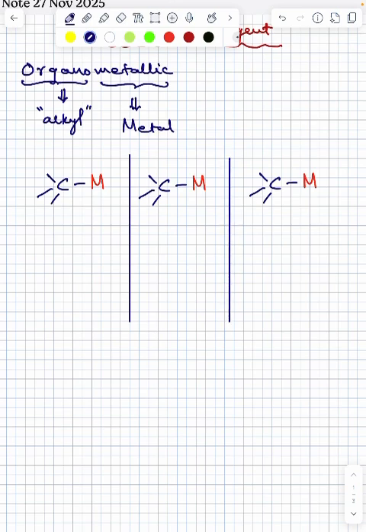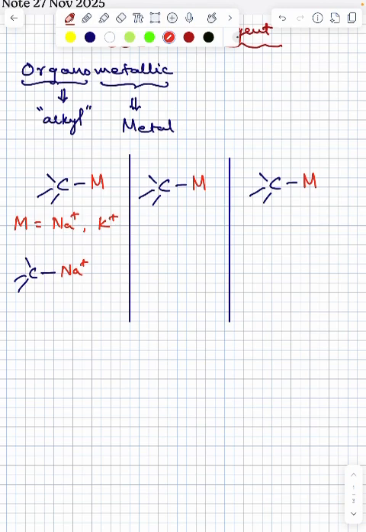So first of all, in the first case, for this metal I am going to take the electropositive group 1 elements like sodium and potassium. So now what will happen? In this particular case, the alkyl group is attached with a group 1 element like sodium.